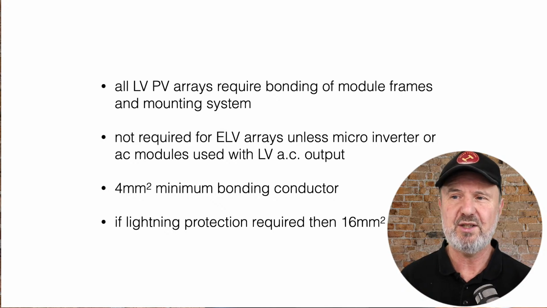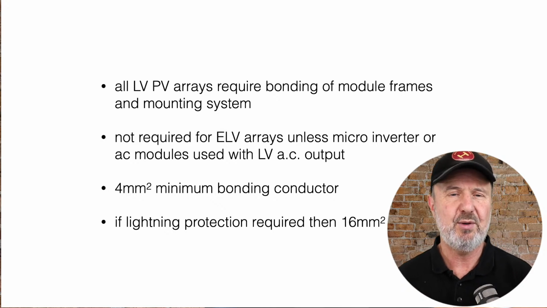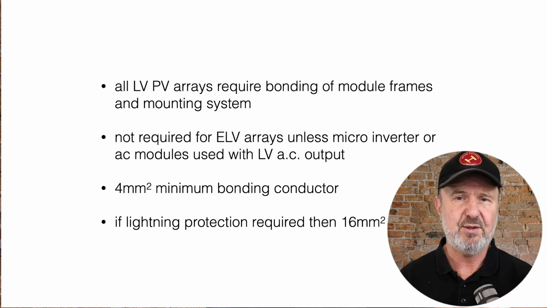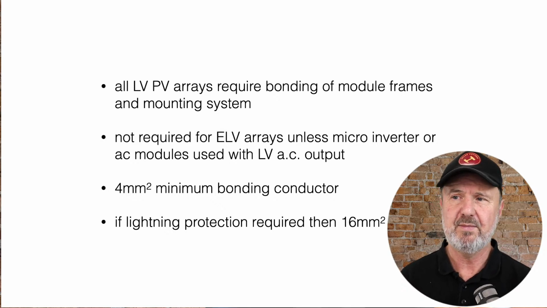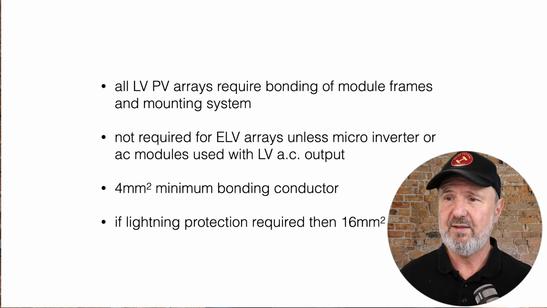So no, you don't actually have to use a tinned earth conductor, but you do still need to mechanically protect that and protect it from UV. So it's quite common just to use 4 millimeter standard earth conductor wire in parallel with the DC cables in the same conduit. And that's a very convenient way of doing it. Thanks for that one, Dave.